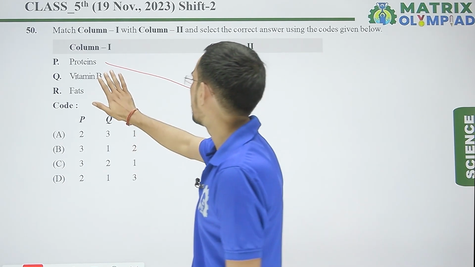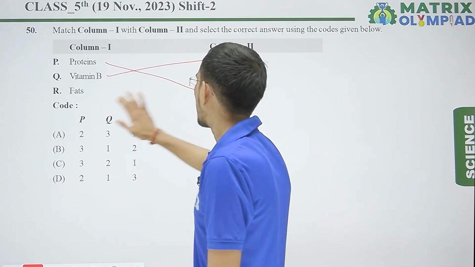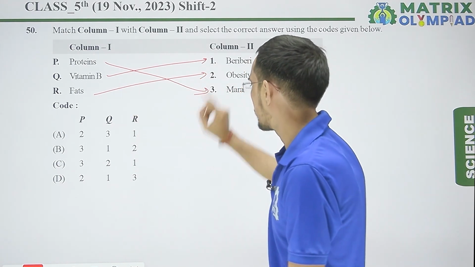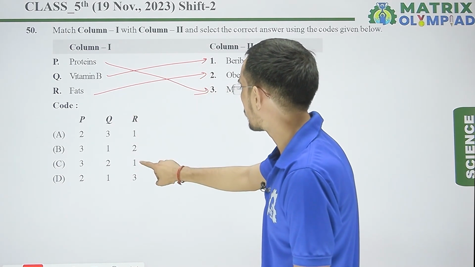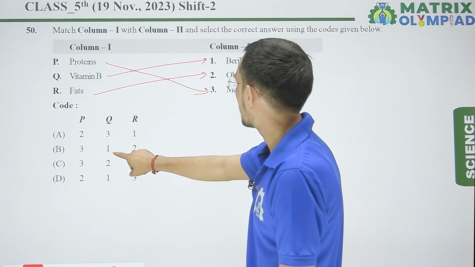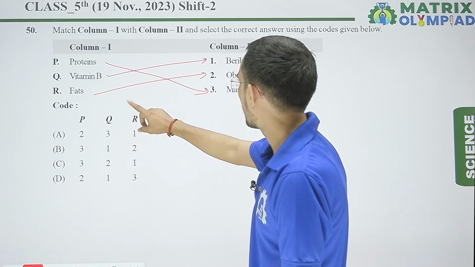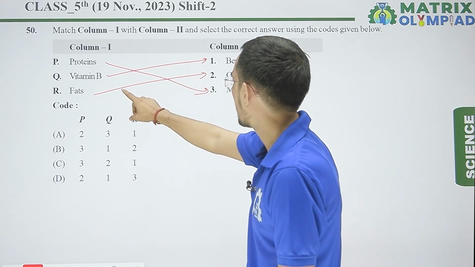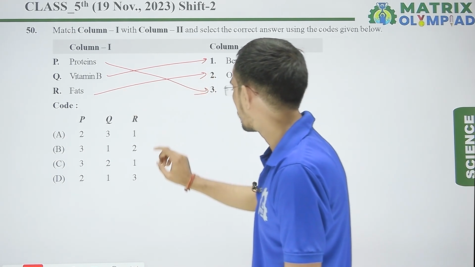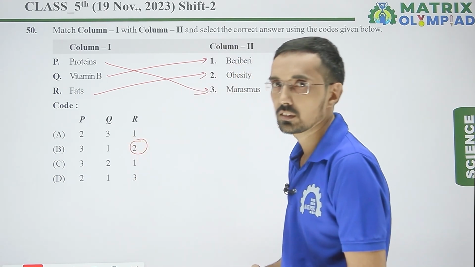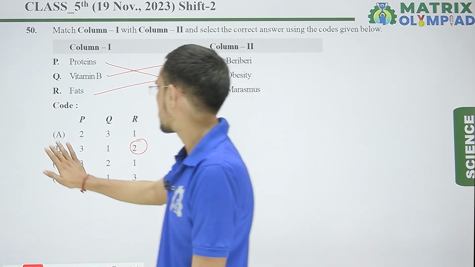Second one is vitamin B, beriberi, and fat can cause obesity. So R into first is given in two options. Next, vitamin B, R is given into second. So it is given in only one option. So correct answer will be option B.